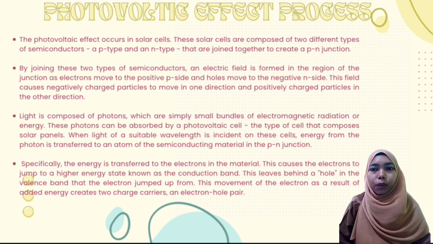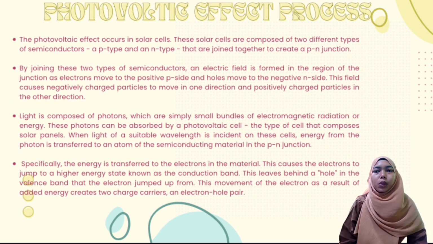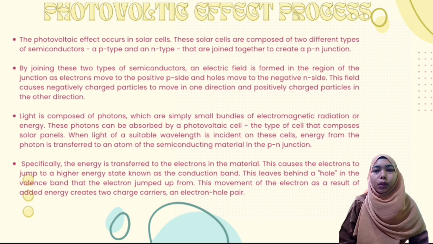Light is composed of photons, which are simply small bundles of electromagnetic radiation or energy. These photons can be absorbed by a photovoltaic cell, the type of cell that composes a solar panel.